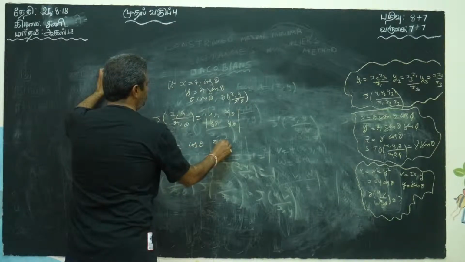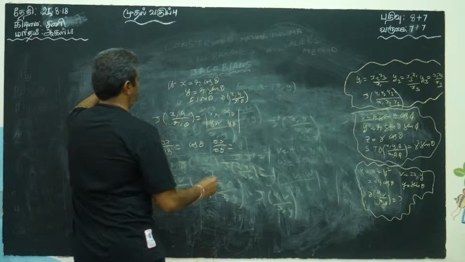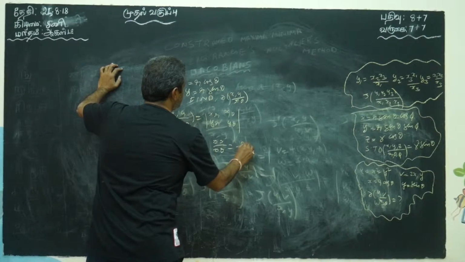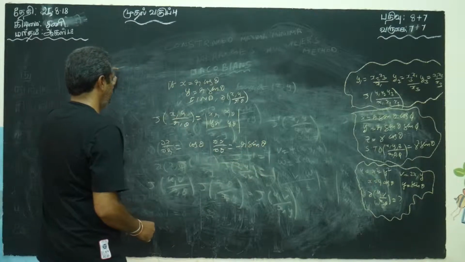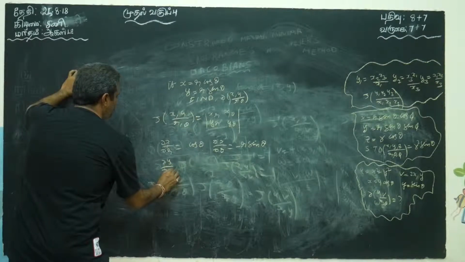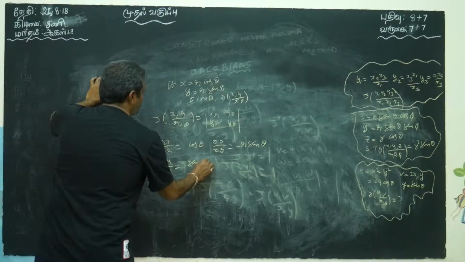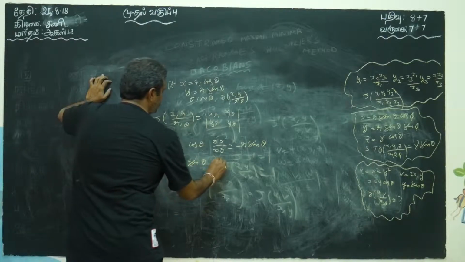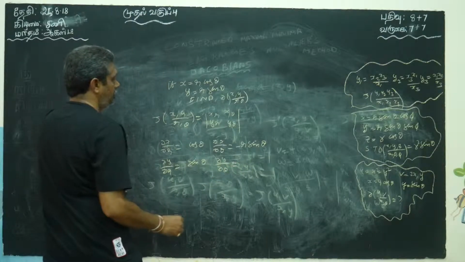Then dou x by dou theta is minus r sin theta. Then dou y by dou r is sin theta. Then dou y by dou theta is r cos theta.